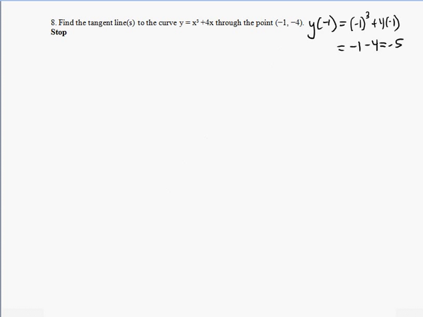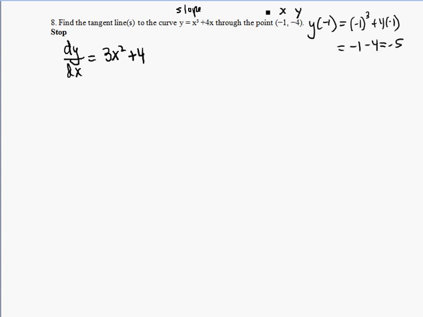In order to form a tangent line, you need an x value, a y value, and then we need to know a slope because we're dealing with tangent lines. Well, what is slope? Slope in calculus is just derivative. So let's look at the derivative. This is going to tell us what is the slope that goes through these points.